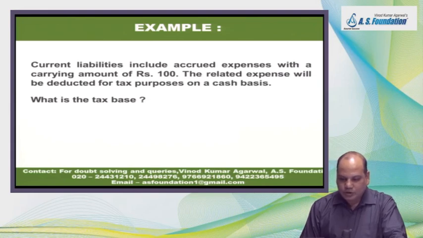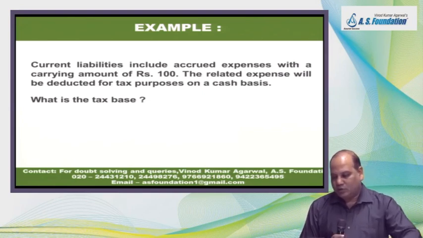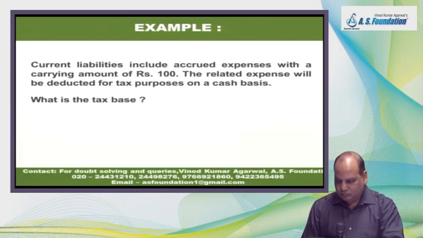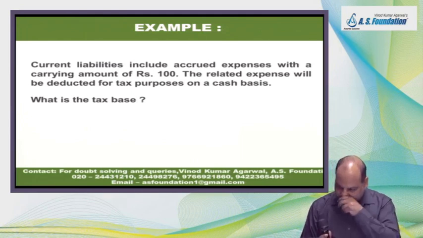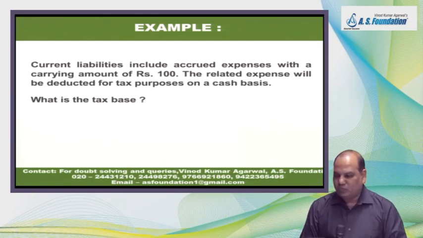Number 16. Current liabilities include accrued expenses with a carrying amount of rupees 100. The related expense will be deducted for tax purpose on cash basis. What is the tax base?